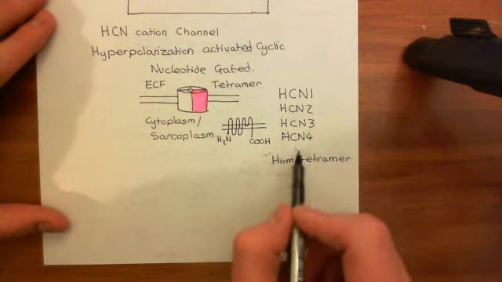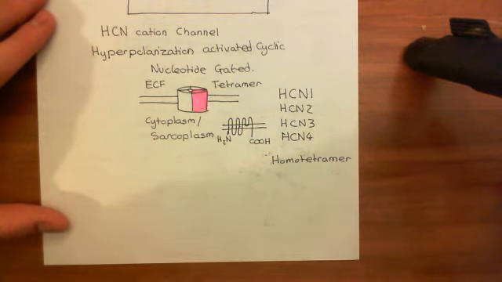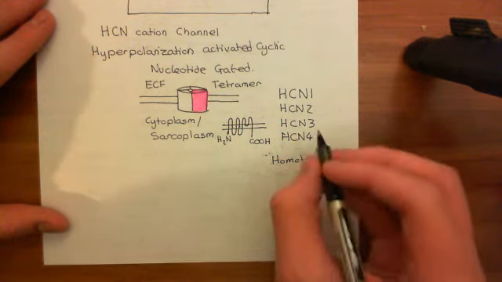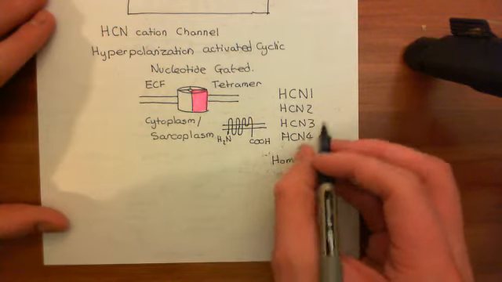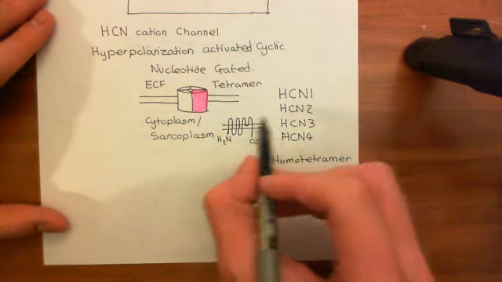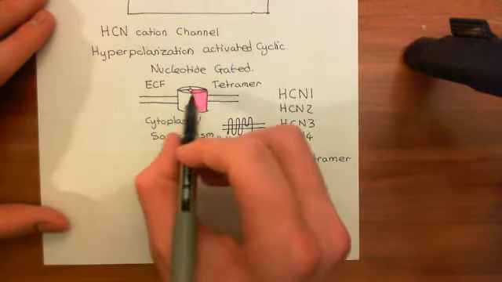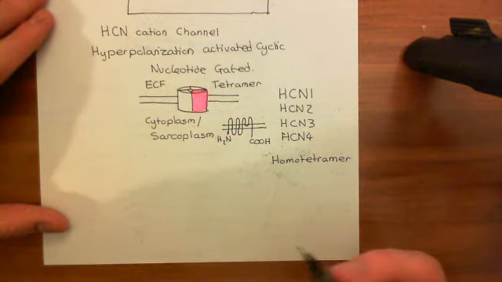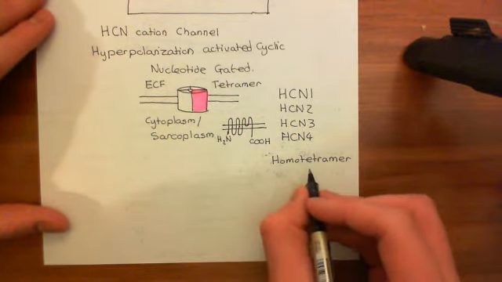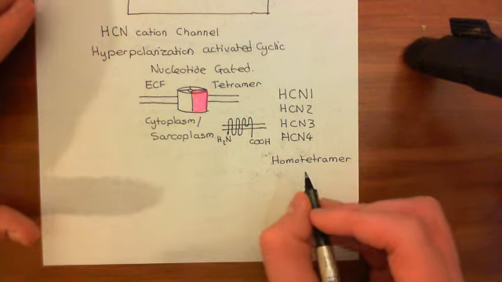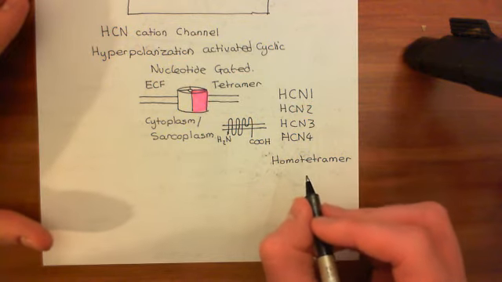You can do that for all of them. There is growing evidence that heterotetramers also exist, where you have different HCN channel subunit types in one HCN channel. But we definitely know that homotetramers exist.